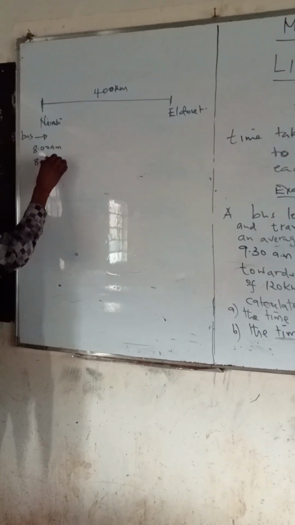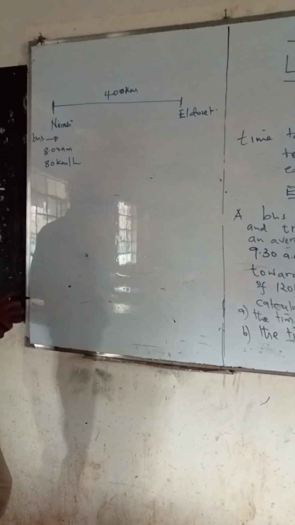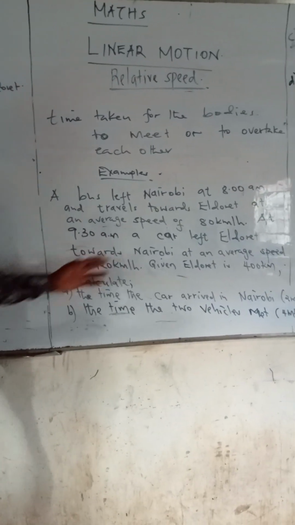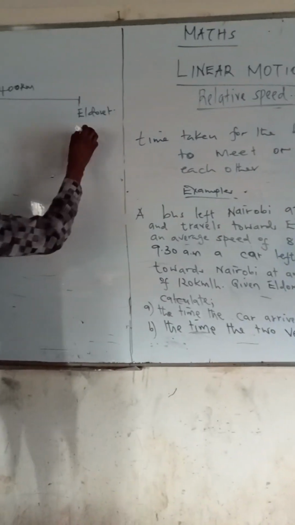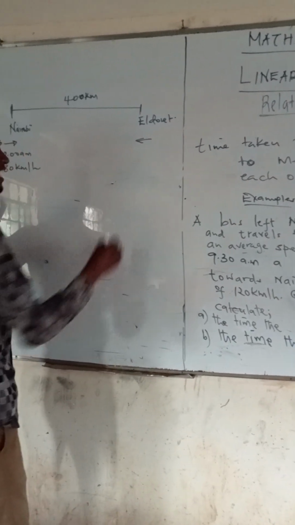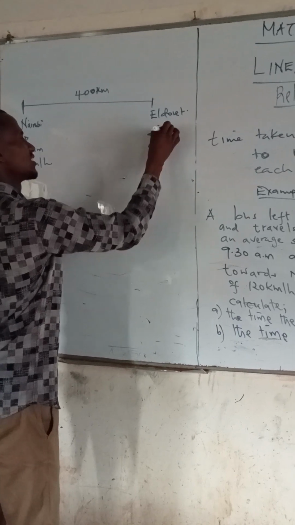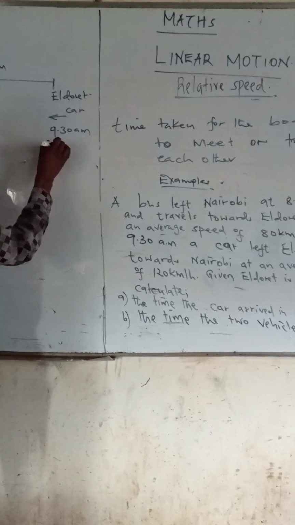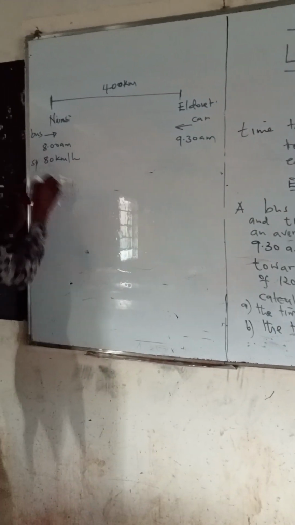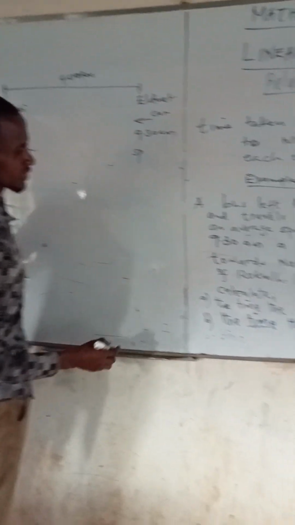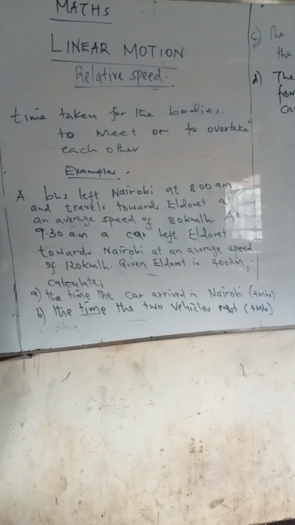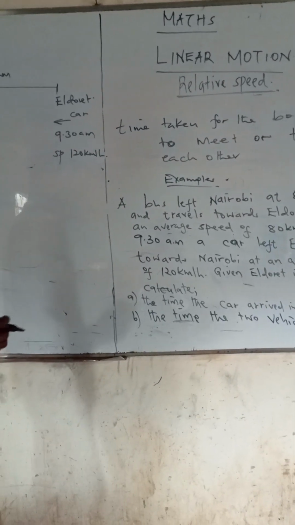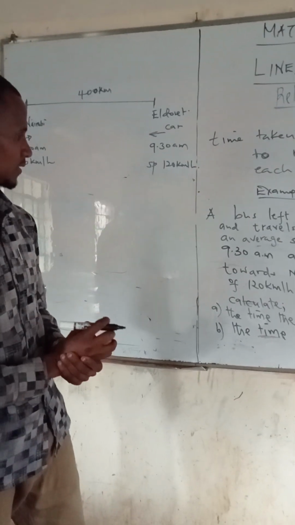Then you are told at 9:30 a.m. a car left Eldoret. This is the car, at 9:30 a.m., and the speed of the car is 120 kilometers per hour. So this is what you need to understand.